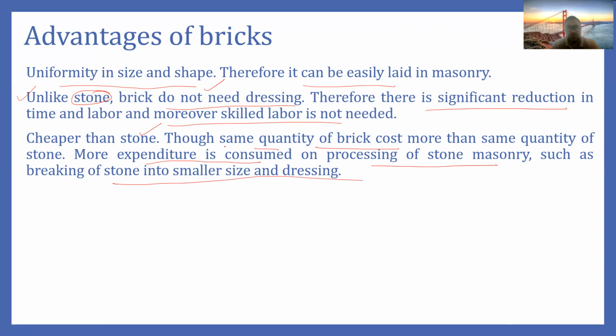Initially, the cost of brick may seem high, but if you see the overall cost, when we buy stone we cannot use it directly in the masonry. We have to first employ skilled labor so that they can dress it and make it feasible to use in the masonry. So the cost of labor is also included in the stone cost, and at that time the brick masonry will be cheaper than the stone.